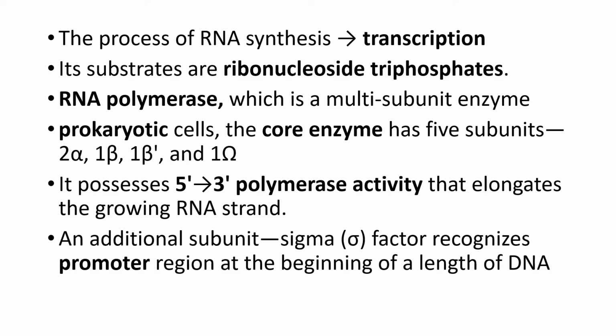In the previous lecture, we discussed the process of transcription. Transcription is defined as the process for the synthesis of RNA. It utilizes nucleoside triphosphates, ribonucleoside triphosphates, as the substrates for the transcriptional process.